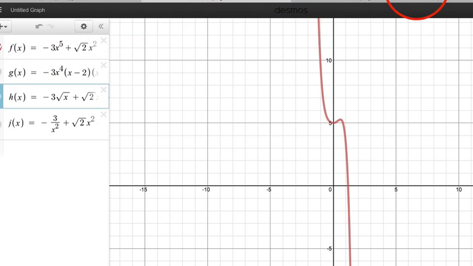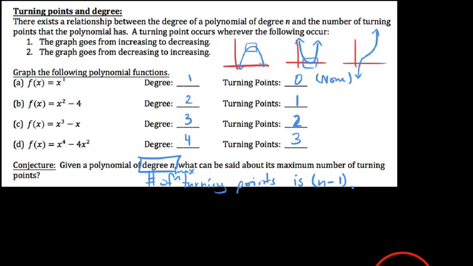But if it doesn't have 4 turning points, and this is something we want to note here, then it goes down from that by an even integer, by 2's, let's put it that way. Okay, so it could have at most 4 turning points, but if it doesn't have 4 turning points, then it could have 2 or it could have none.